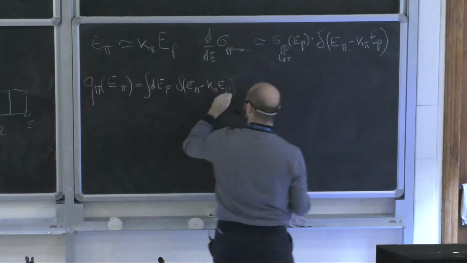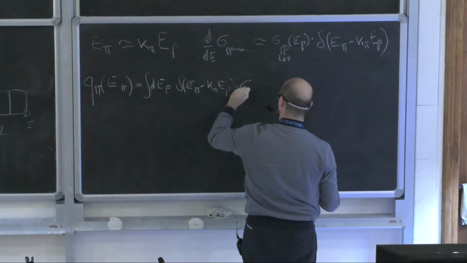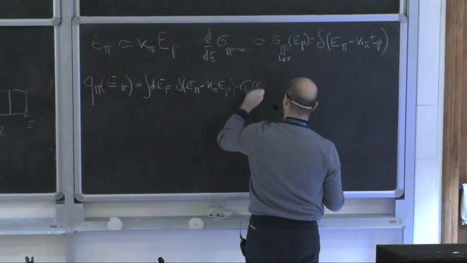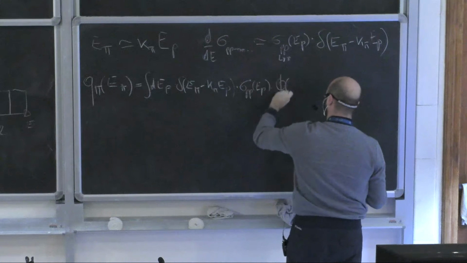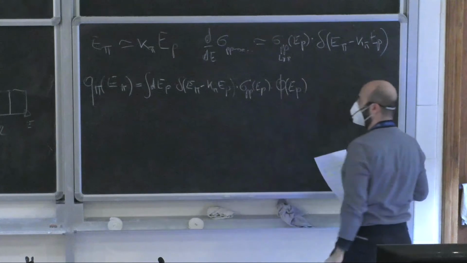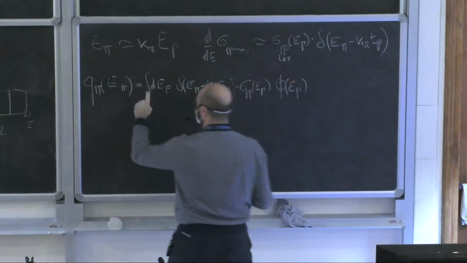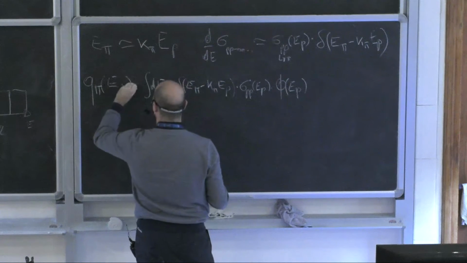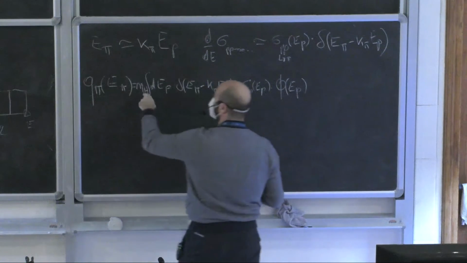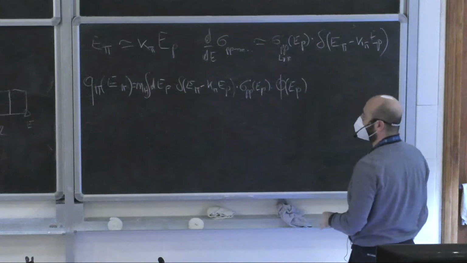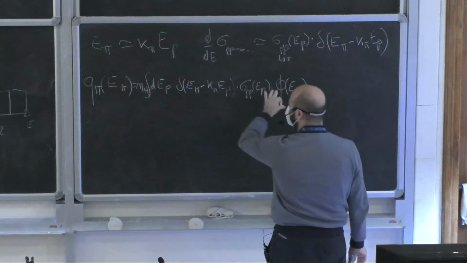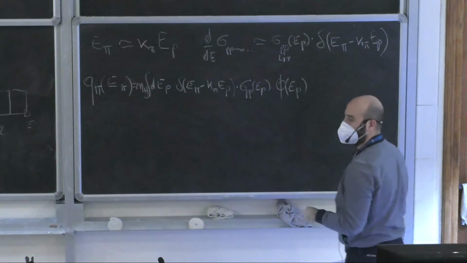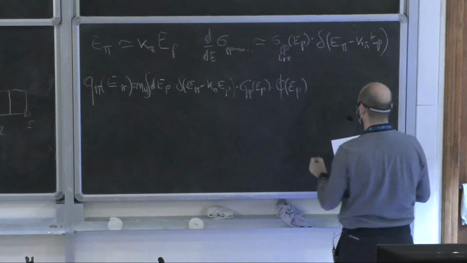E proton times this total cross-section that depends on E proton times the flux of protons times, in principle, whatever target density. Let's put it here. In this simple process, we consider just a hydrogen target. In general, you have to sum this over all possible targets of your interstellar medium.